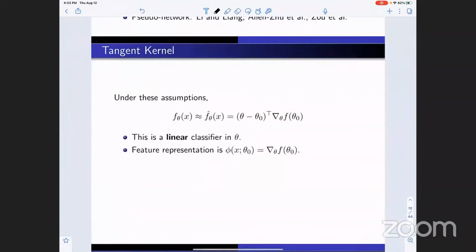Okay. So you can think about this now. The reason this is sometimes called the neural tangent kernel is that you think of that as a linear function and you think of this as the feature map.